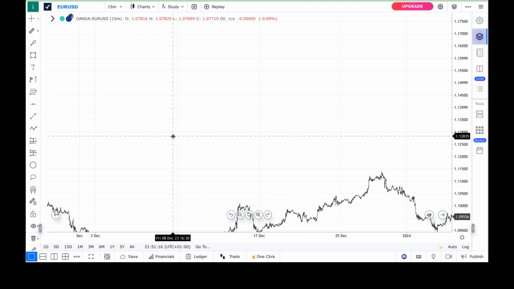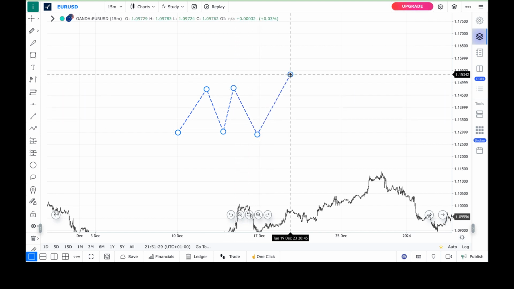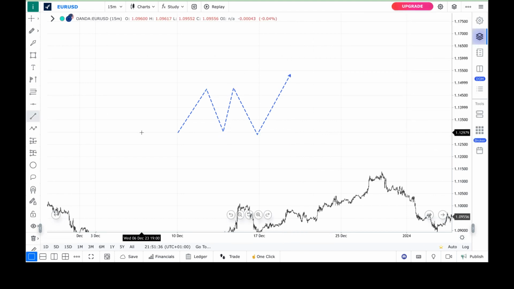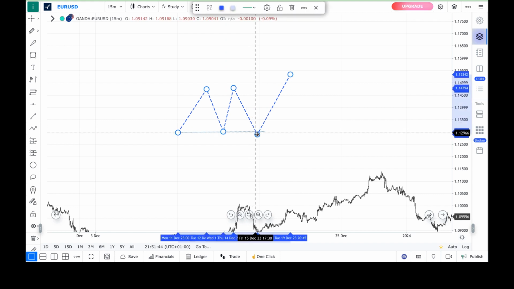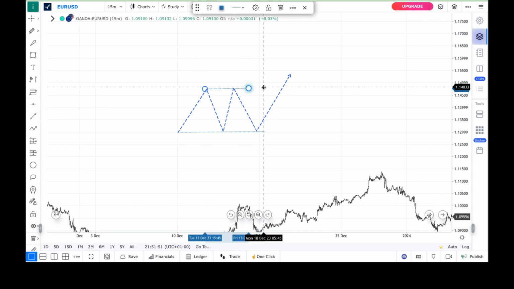At first, when we started forex trading, most of us were support and resistance traders. So let's say there is a market. Here we call the support, and here we call a resistance.